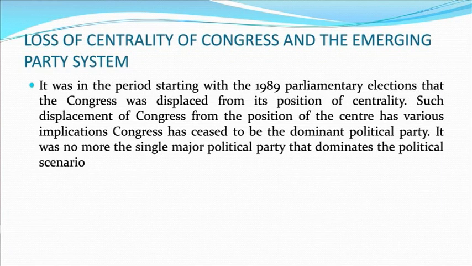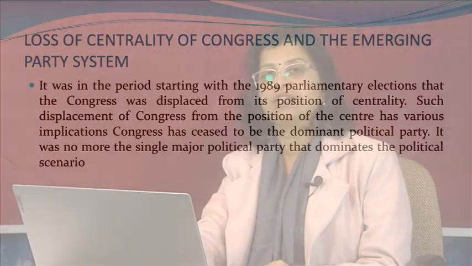It was in this period, starting with the 1989 parliamentary elections, that Congress was displaced from its position of centrality. Such displacement of Congress from the position of the centre has various implications. Congress ceased to be the dominant political party. It was no more the single major political party that dominated the political scenario.